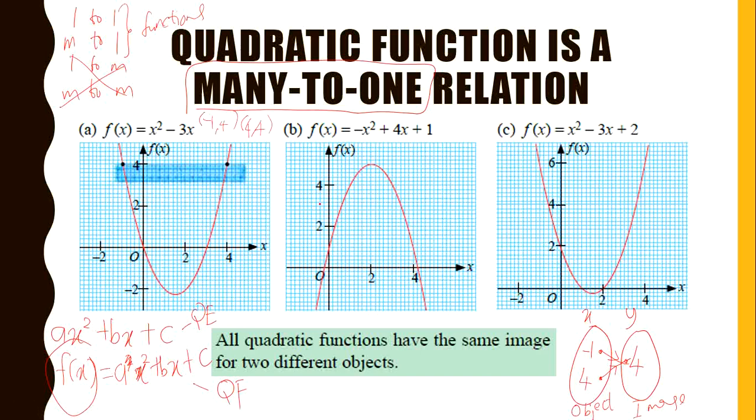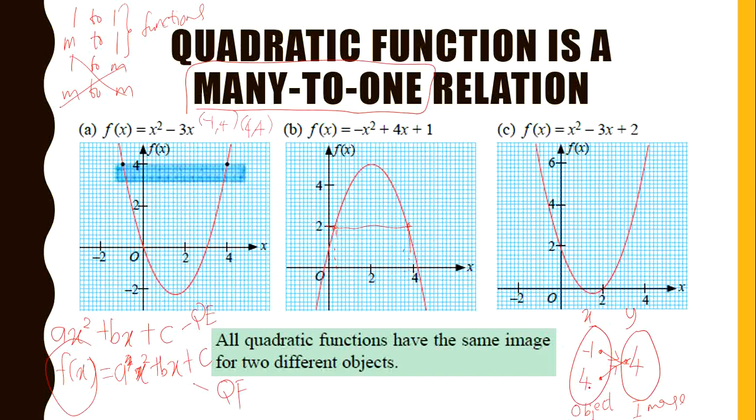Okay, sama juga dengan graf lain. Contohnya kalau kita letak dekat mana-mana lah. Contohnya kita letak kat sini, dengan sini. Titik ni dengan titik ni kan. Okay. Dia have different coordinate of x, but same coordinate of y. Dengan kata lain, different object but same y, same image.